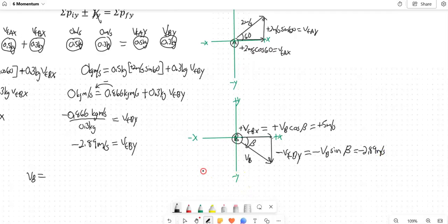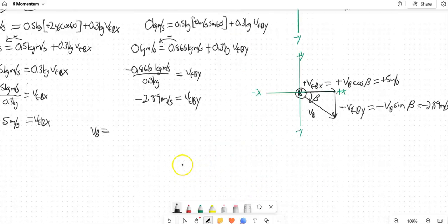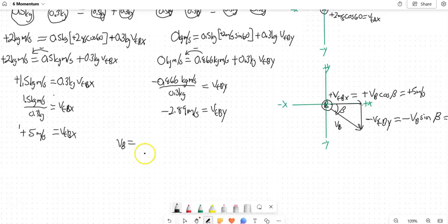So what we're going to do is c squared equals a squared plus b squared to figure out the overall speed of VB. So VB squared, we're going to square root both sides, is going to be equal to the x squared velocity plus the y squared velocity.